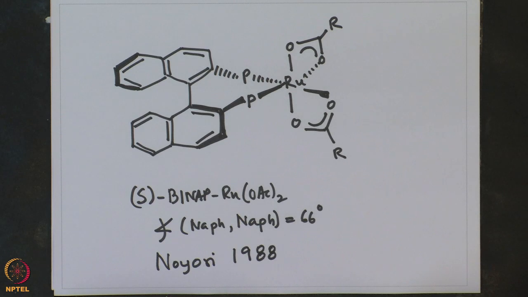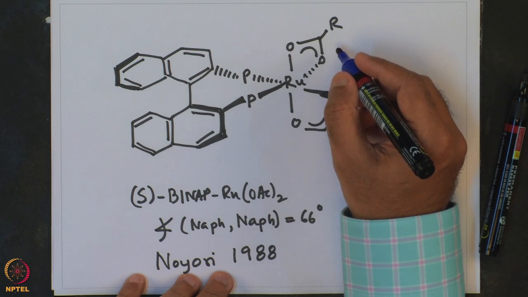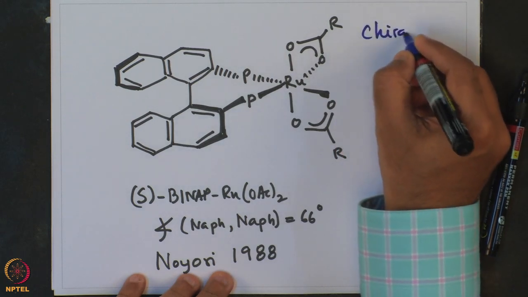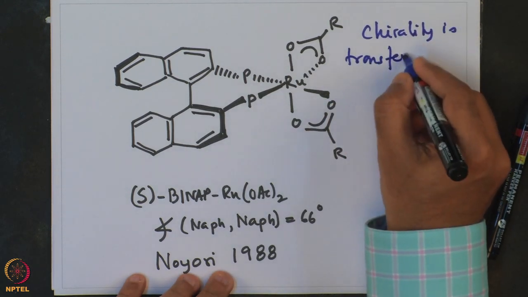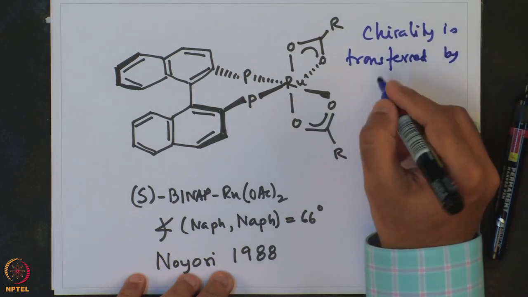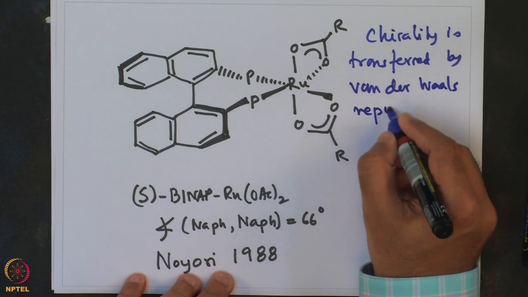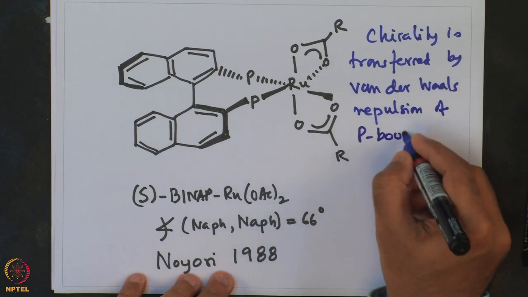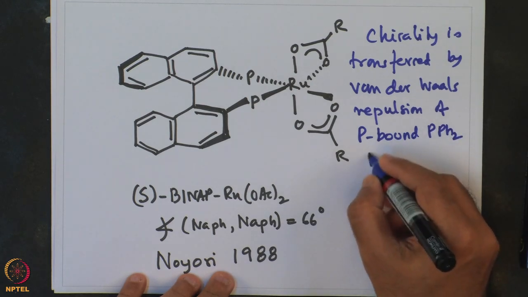Now, one interesting thing about this is that chirality is transferred by van der Waals repulsions of the phosphorus bound PPh2 pairs.